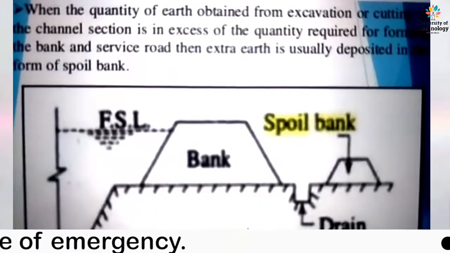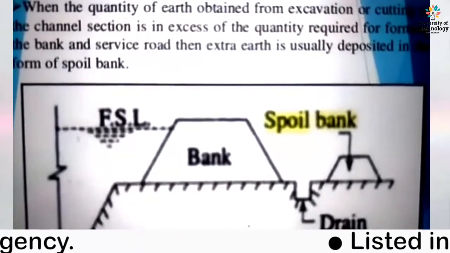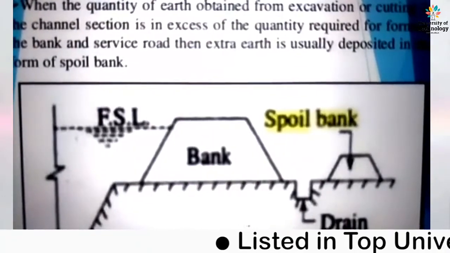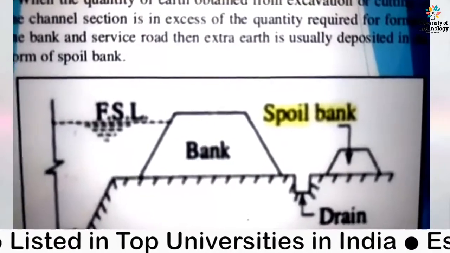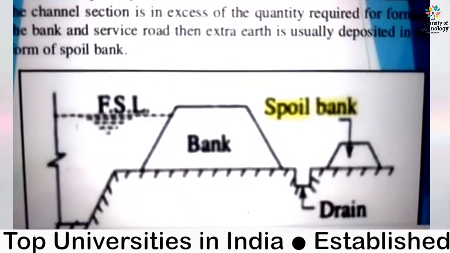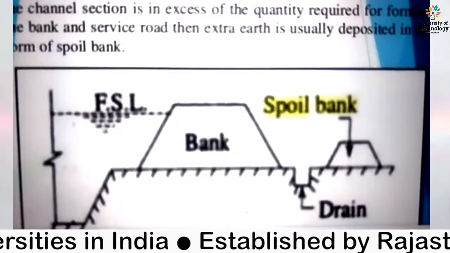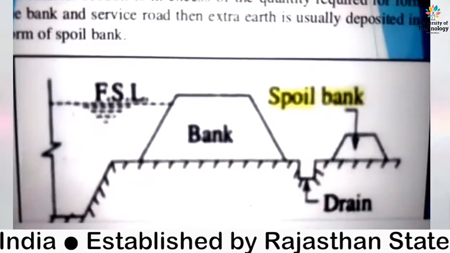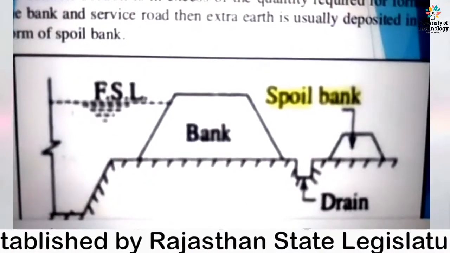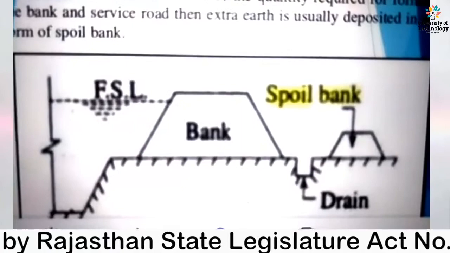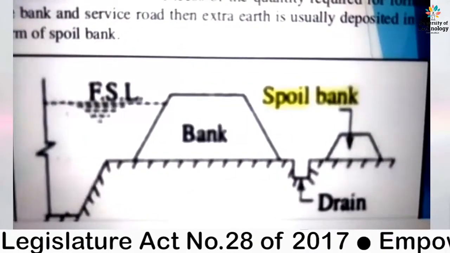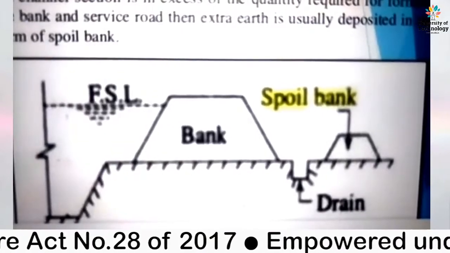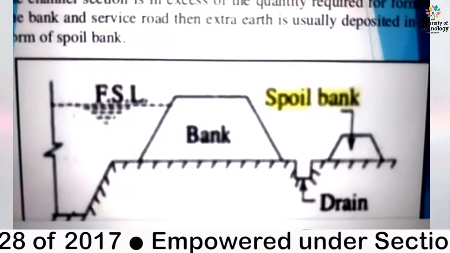So spoil bank is a heap of additional soil which is produced at the time of excavation of the channel section, and it is deposited towards the outer side of the bank.